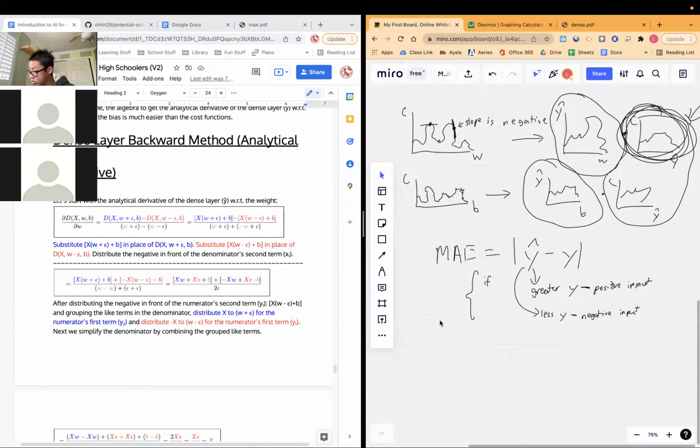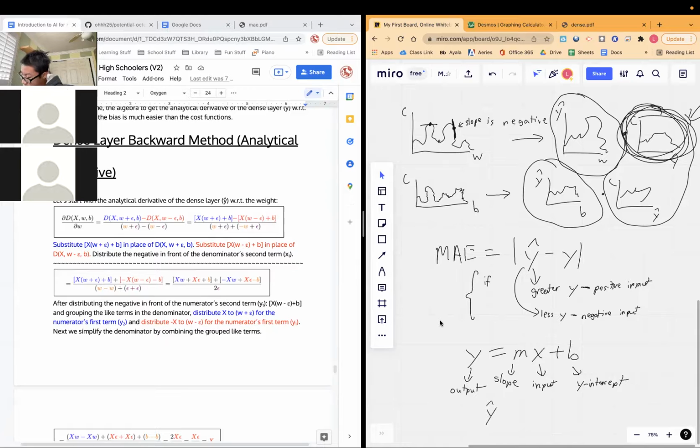The reason we get x, such an easy value, is because if you think about y equals mx plus b, what is y? Output. What is m? The slope. What is x? The input. And what is b? The y-intercept.